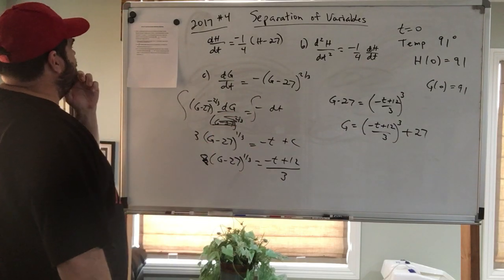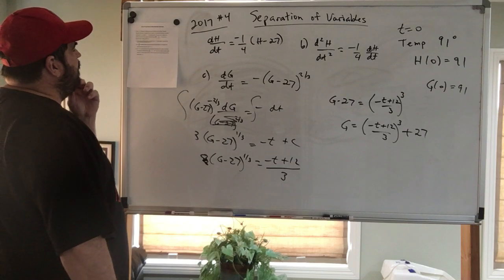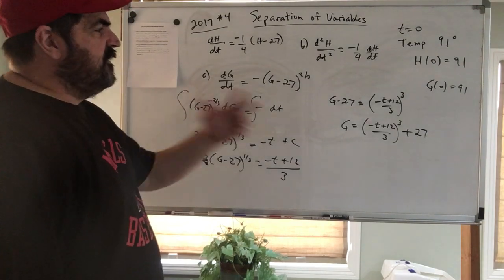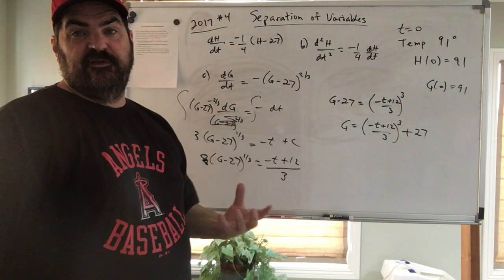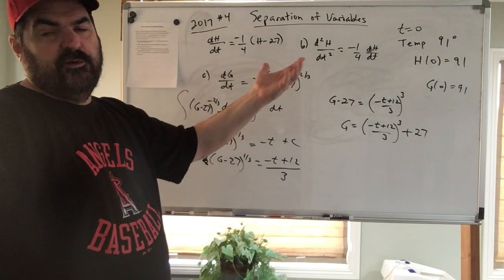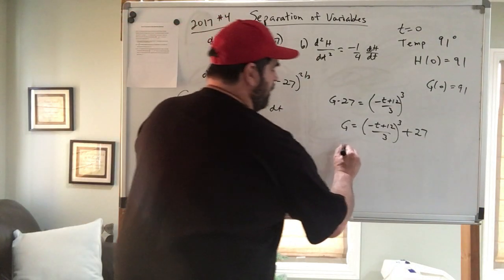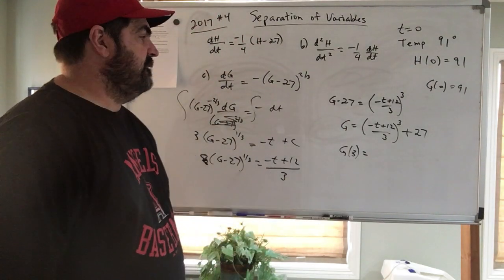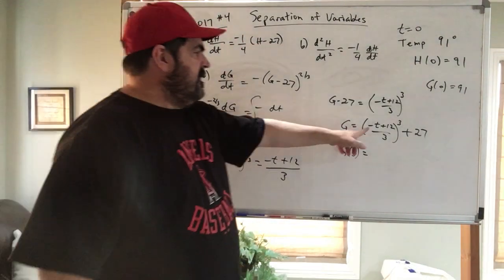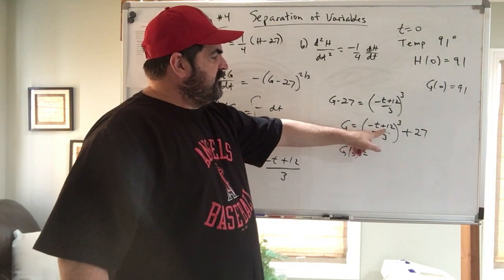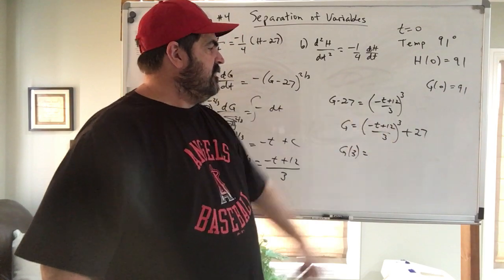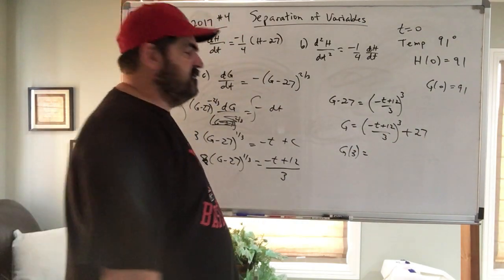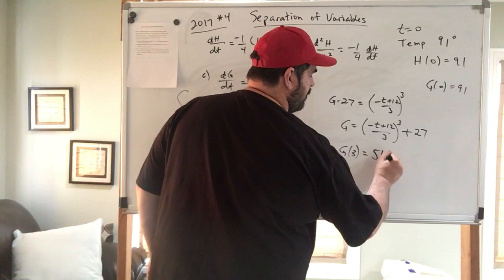And let's see what they asked us to do with it. Based on this, what's the temperature at 3? So they wanted to see what the actual temperature is with this equation, and how it compares to when you found the temperature at 3 before. So we got to find g of 3. Because this is g of t. I just wrote g of t, same thing. So plug in 3. -3 plus 12 is 9, divided by 3 is 3. 3 cubed is 27. 27 plus 27 is 54 degrees.